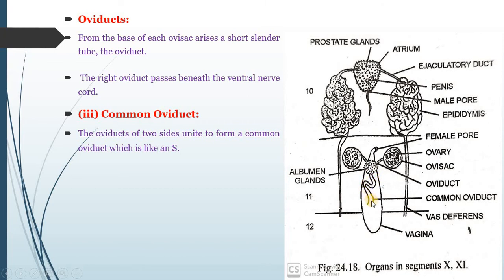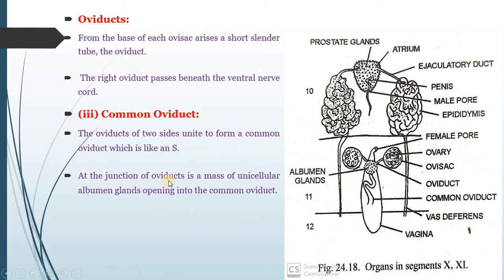From the picture it is clear. At the junction of the oviducts is a mass of unicellular albumin glands opening into the common oviduct. Here you can see the albumin glands which open into the common oviduct.